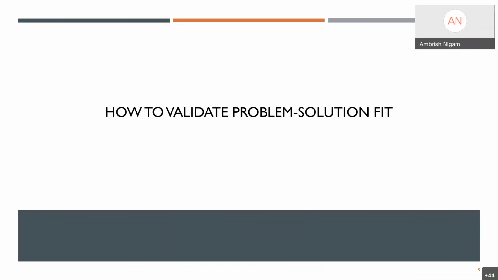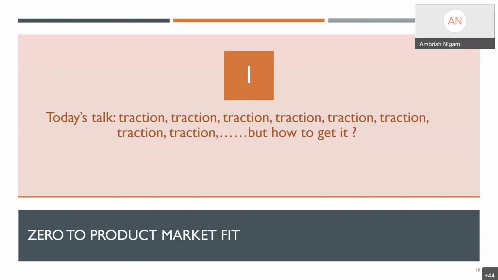That is largely the reason why all initial hypotheses and leaps of faith need to be gradually validated using the most affordable or the fastest, most efficient techniques. So that is about the problem solution bit.